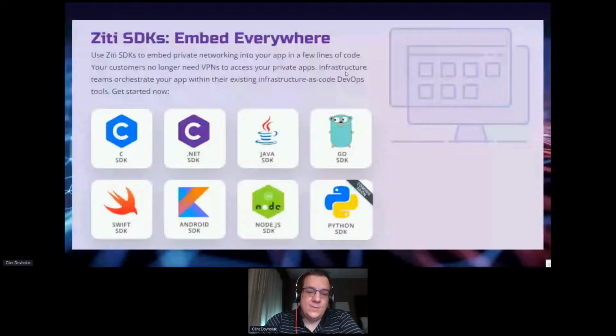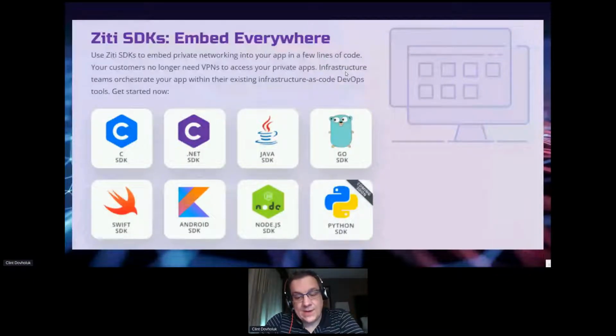All right. So let's learn a little bit more about application embedded zero trust. Just like Prometheus, OpenZiti is all about SDKs. We have a C SDK, a C# SDK, Java, Go, Swift, Android, Node.js, and Python's really close. But it's all the same idea, right? We're trying to enable developers to take that zero trust goodness and stuff it into your application itself. Don't leave security at your network.